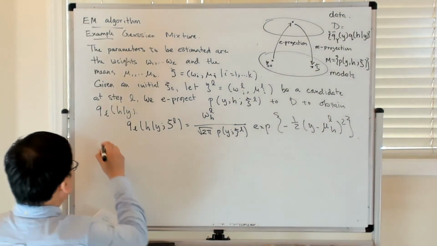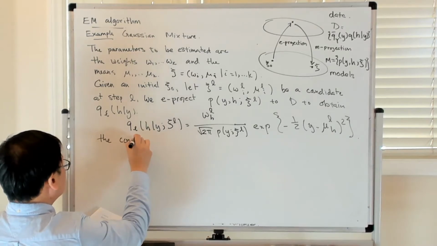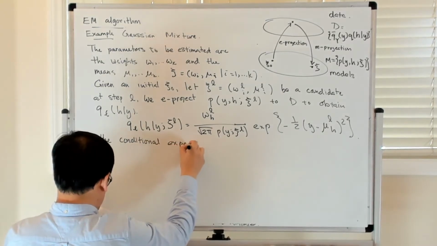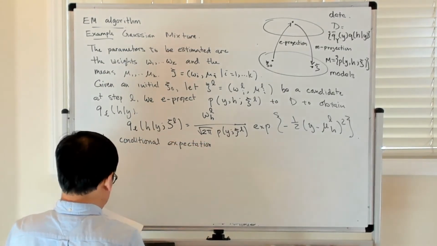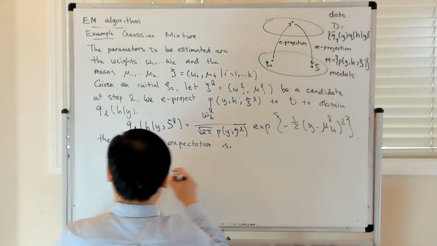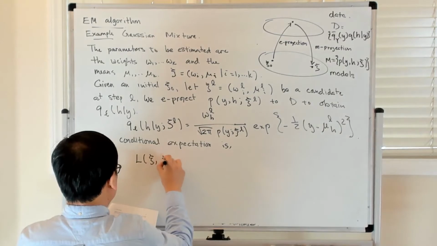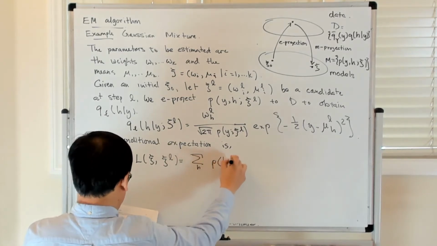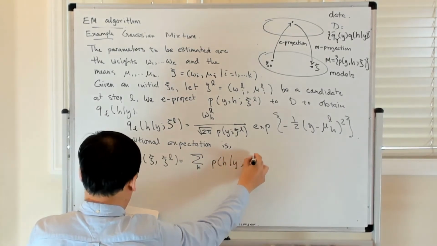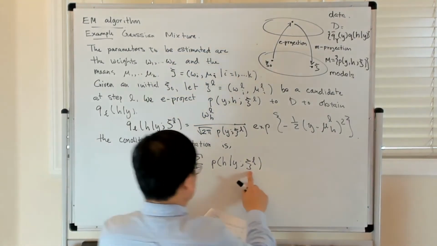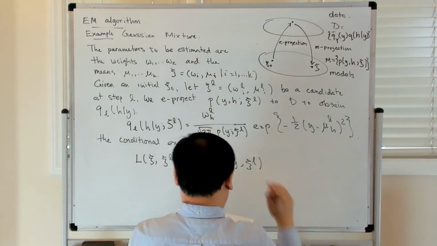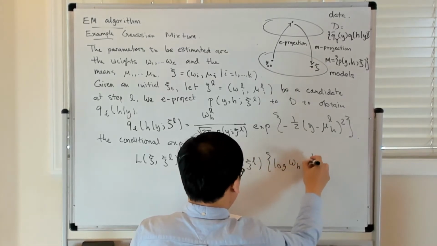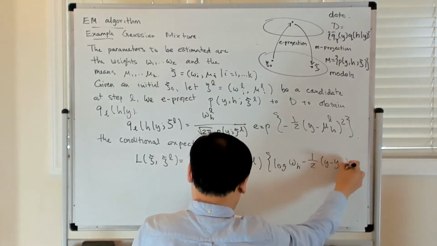And then the conditional expectation, L of C given C_L, equals the sum over H of P of H conditioned on Y with the previous point, the candidate, times log of W_H minus 1/2 (Y minus mu_H) squared.